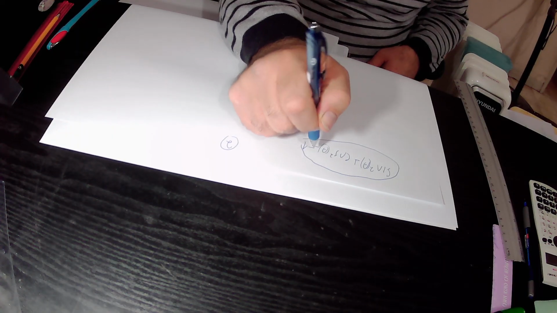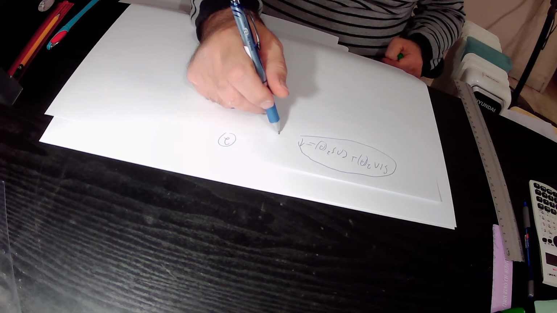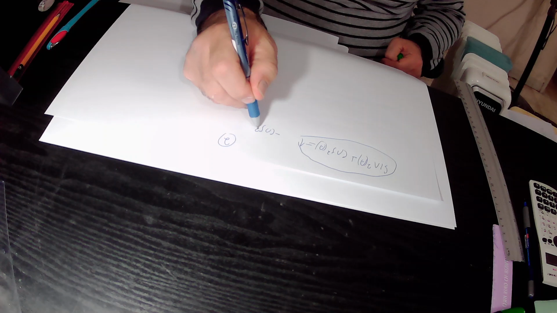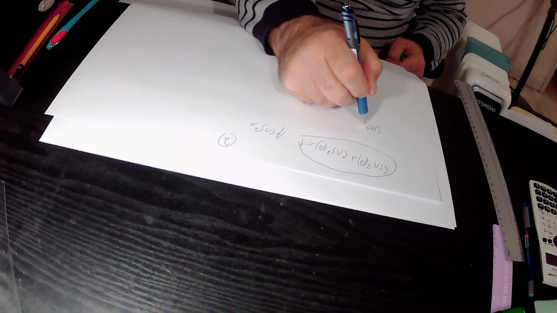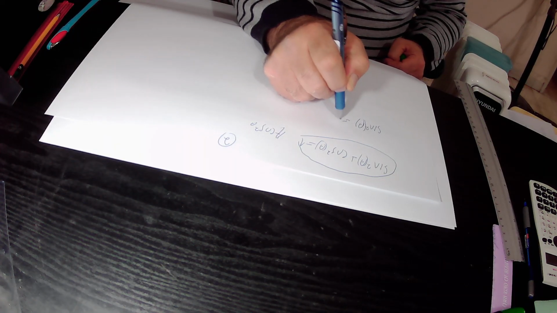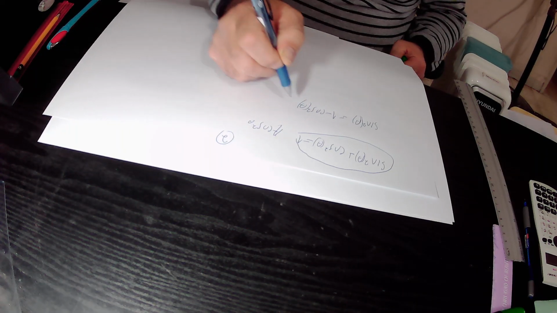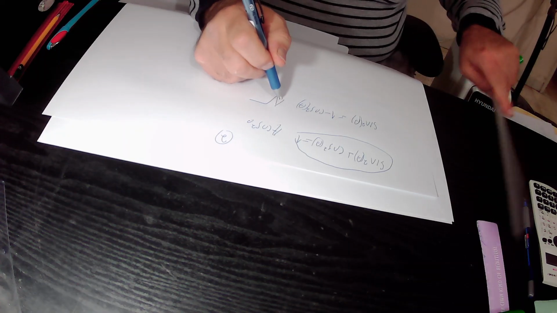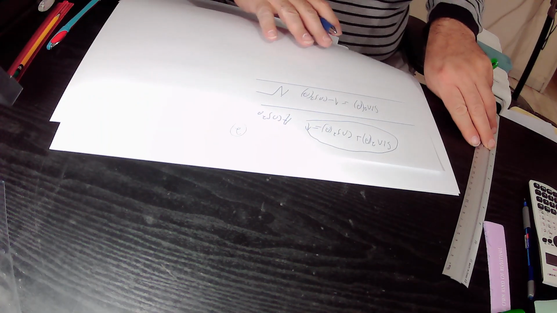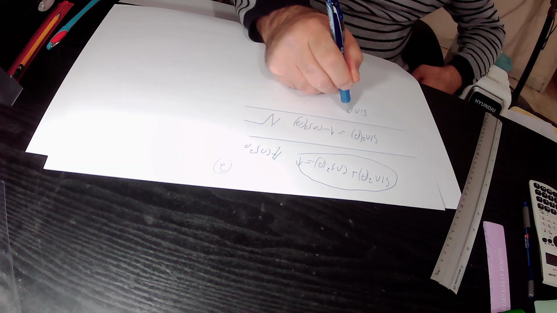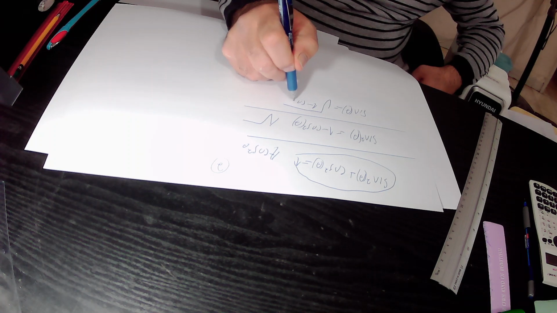So here we subtract cosine square theta from this trigonometric identity, and get that sine square theta equals 1 minus cosine square theta. So here we take a root of this equation, and finally we get that sine theta equals the square root of 1 minus cosine square theta.